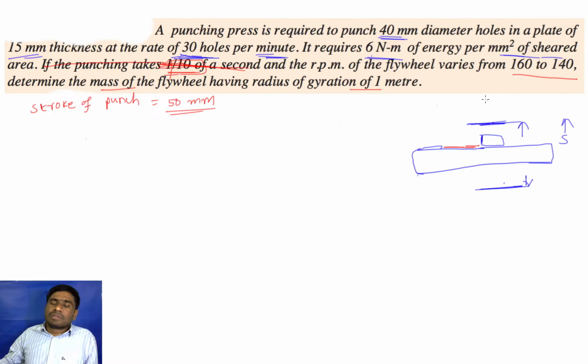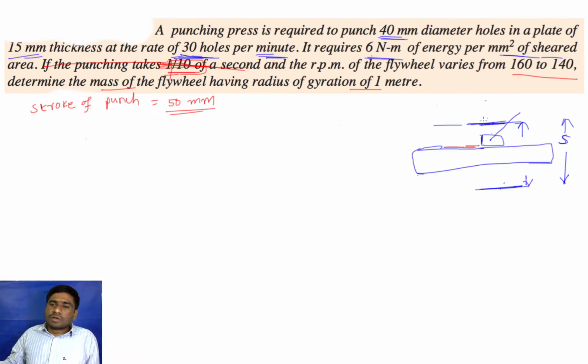So when the crank is rotating a full rotation, in any extreme position this punch can reach this position or this position, and that is the stroke. While making a hole, how many times does it make a stroke, or how much distance will it travel?